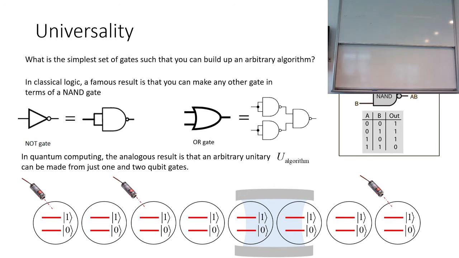You would have heard about things like AND and OR gates, right? AND and OR gates are two fundamental types of digital gates. There's a famous result that says you can make any algorithm ultimately out of only one gate: the NAND gate, which is defined as the opposite of the AND gate.